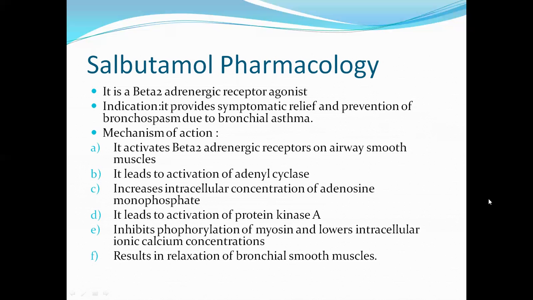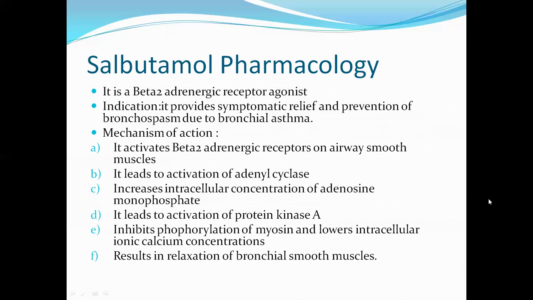Then what is the mechanism of action of salbutamol? Salbutamol activates mainly beta-2 adrenergic receptors in airway smooth muscles. When these receptors are activated, this leads to activation of the adenyl cyclase enzyme.